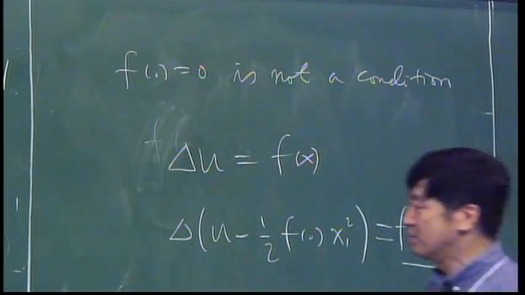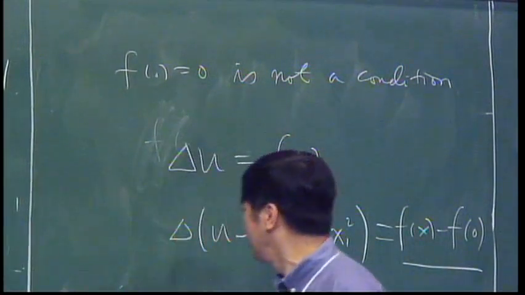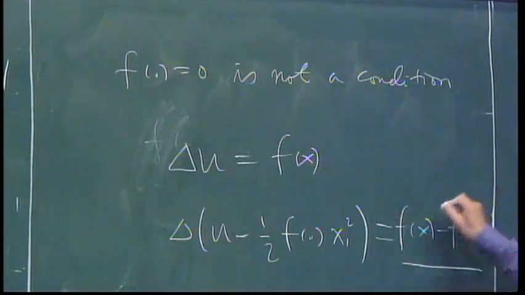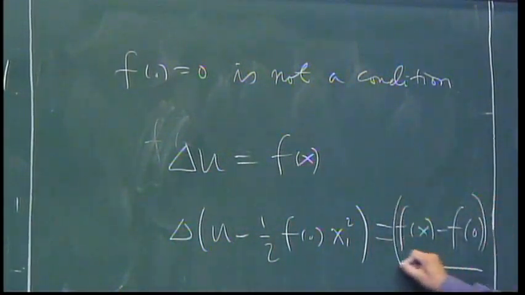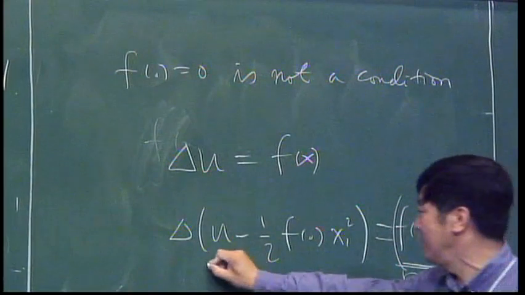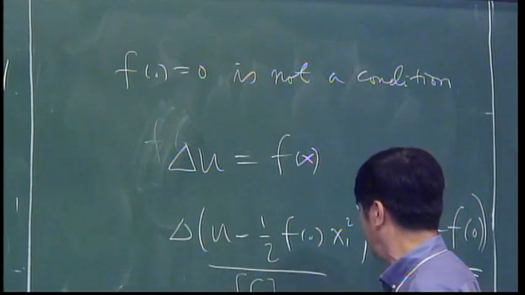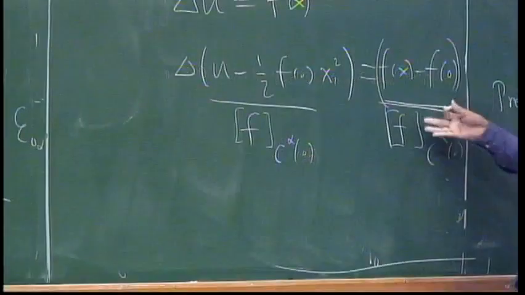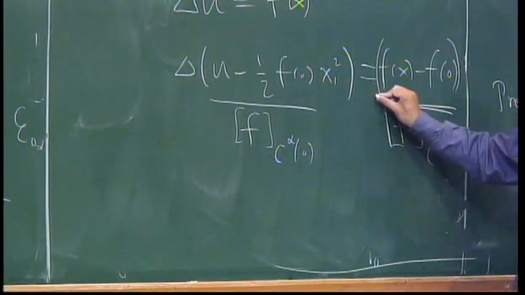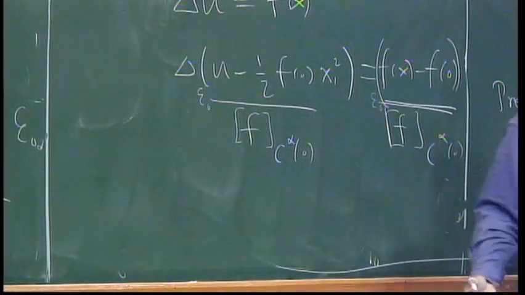So my new f at the origin will be 0. Now the smallness is not a condition either. So how can I make this thing small? I just say, I first normalize it, right? By my notation, then this will be 1. Then I multiply by epsilon 0. I cheat, right?